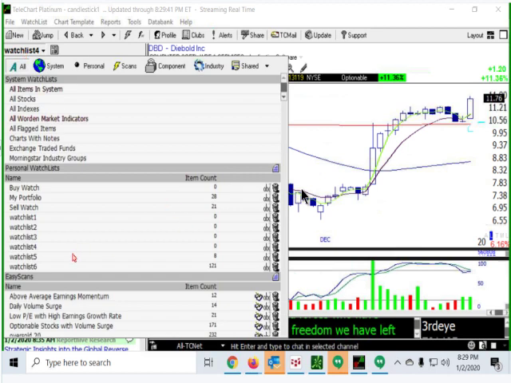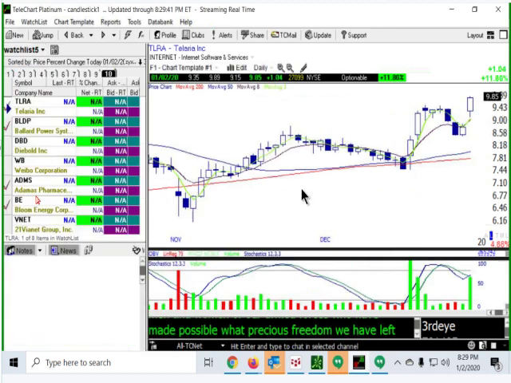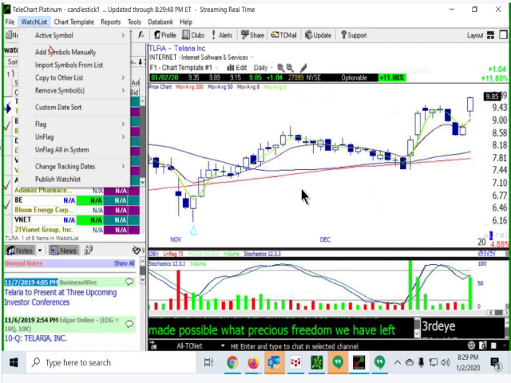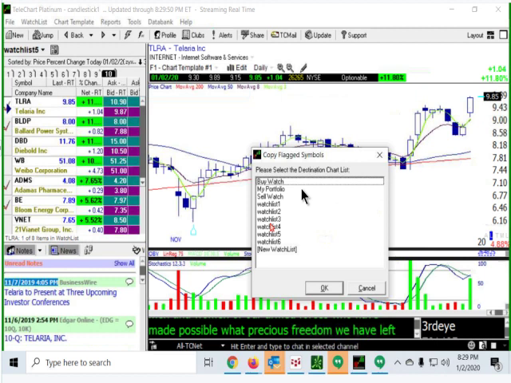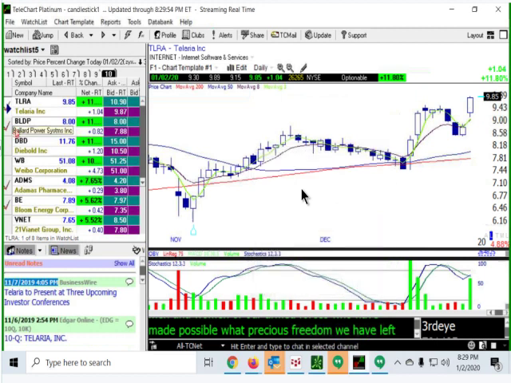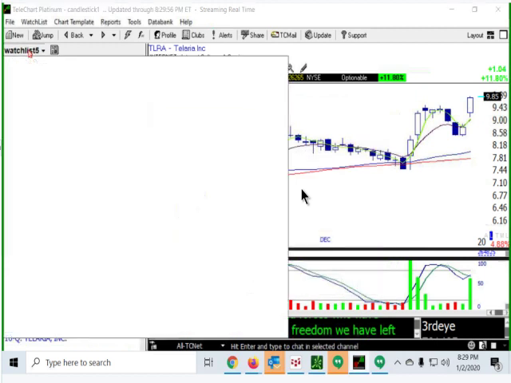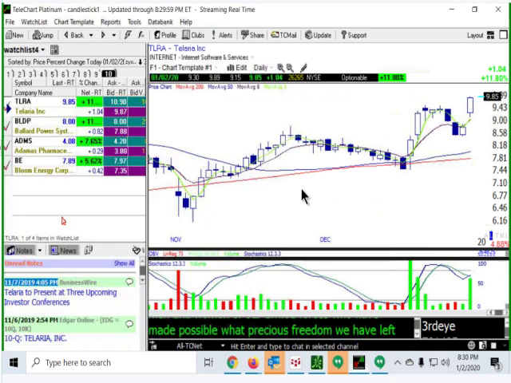Copy these up to watch list 4. And let's say out of that batch, I decide that these 3 are going to be the ones that I want to look at as my first picks tomorrow.